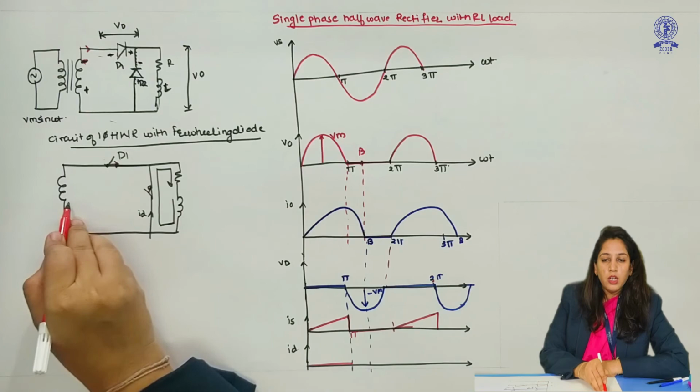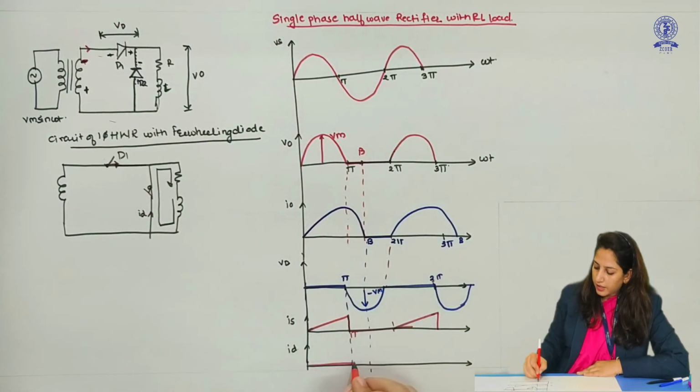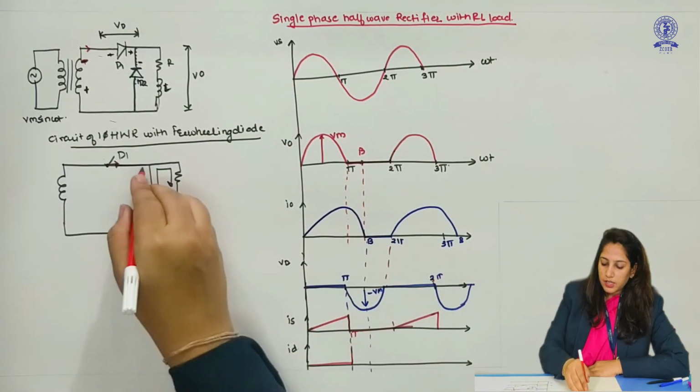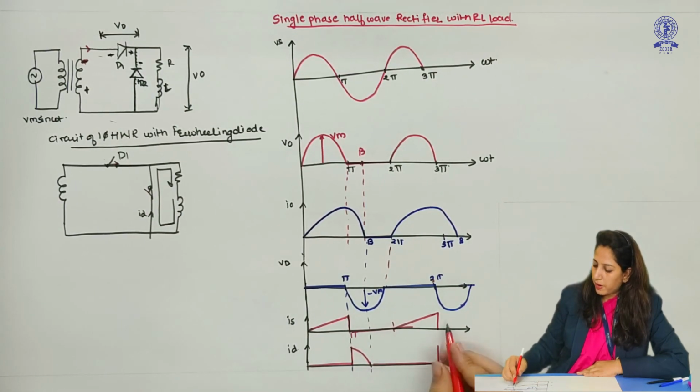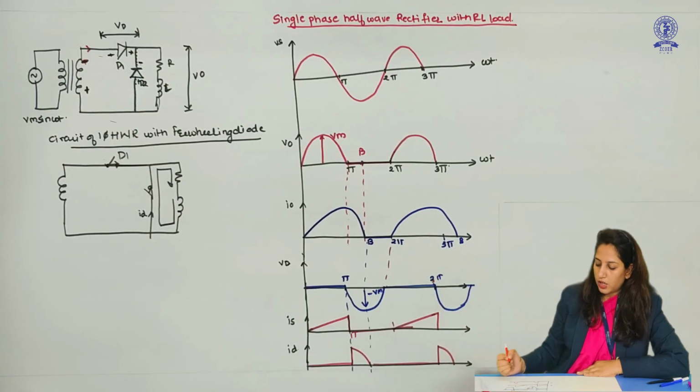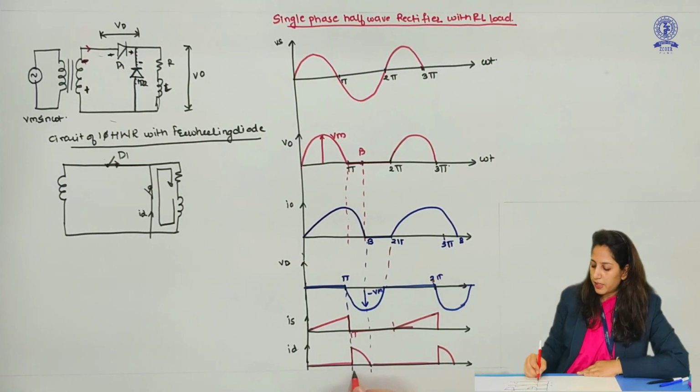Whenever this goes into the negative half cycle, the current across this diode increases suddenly and it gets discharged. Again here also it increases at pi, 2 pi, and gets discharged. So for a very small period, from pi to beta only, this current is present across this diode.